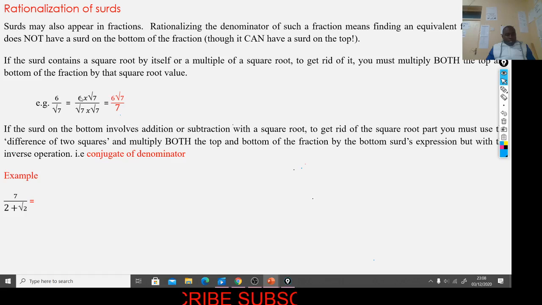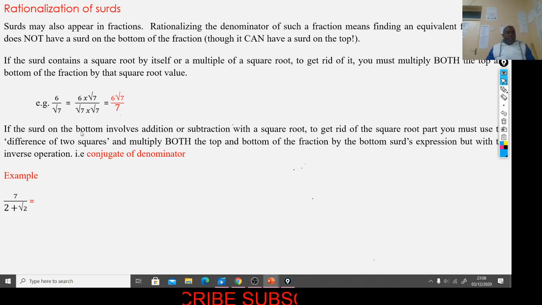If I multiply 6 times root of 7 over root of 7 times root of 7, remember I said that root of a squared equals a. So root of 7 times root of 7 is equal to 7. So this is 6 root 7 over 7. That is how we have rationalized the denominator.